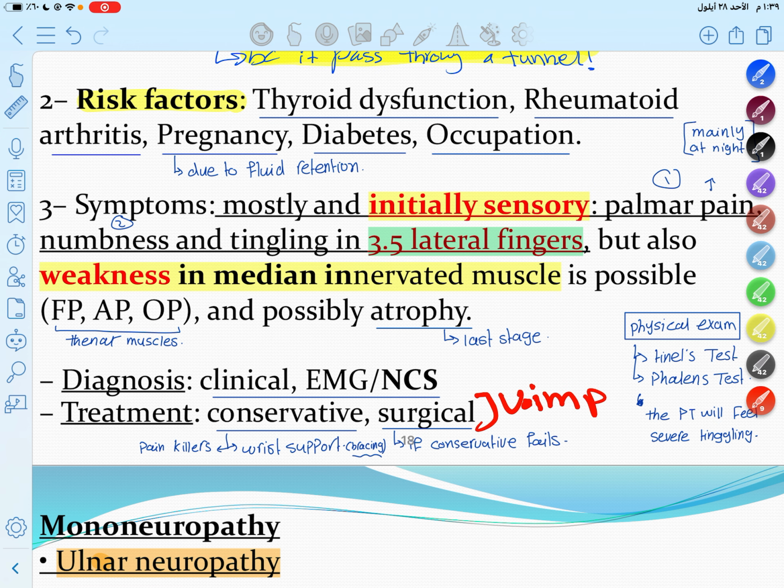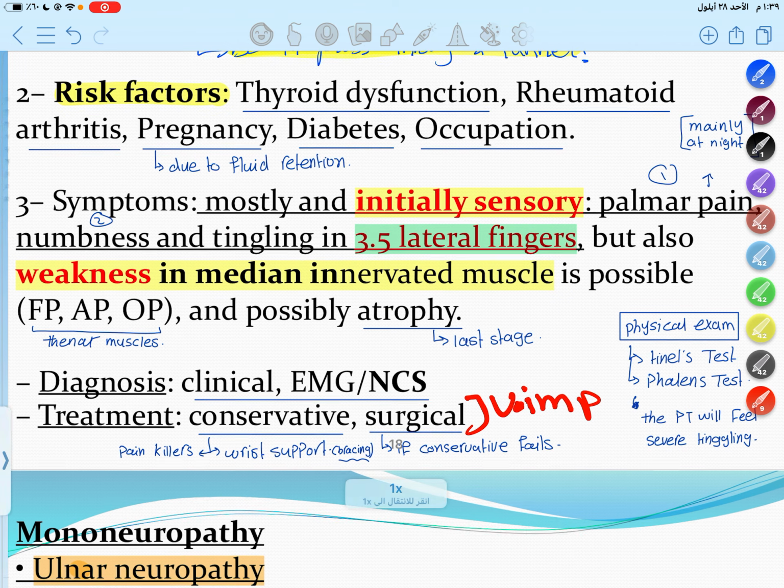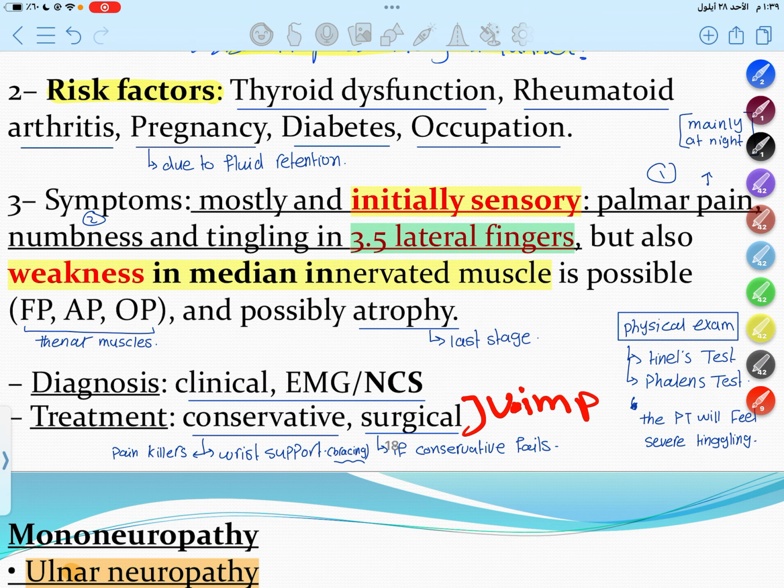We have an electrode to stimulate and an electrode to receive the sensation, and you calculate the time of travel. We have a normal time, but when we have carpal tunnel, there is delay, so the time is prolonged.